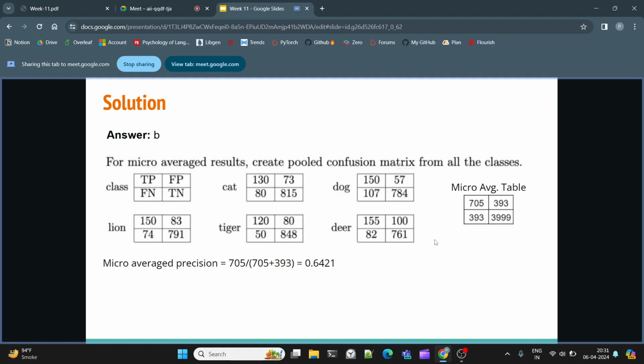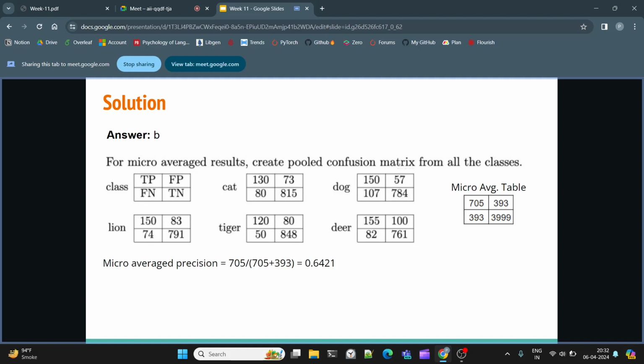So when you're finally making this macro average table, you're simply summing all the values up for each of the classes. You're not taking into account that for this class it was predicting properly, for this class it was predicting badly. That is not taken into account. Depending on the number of samples, that information is not being captured here.